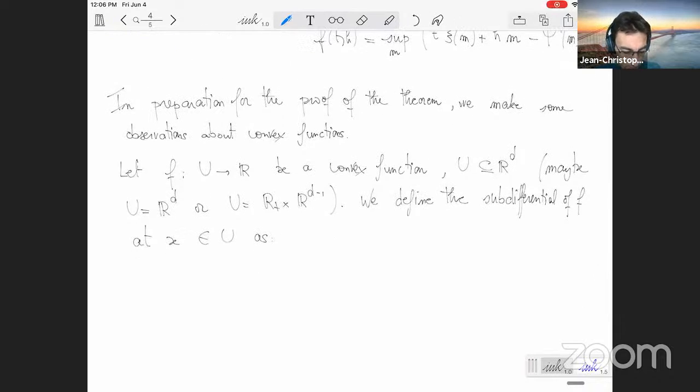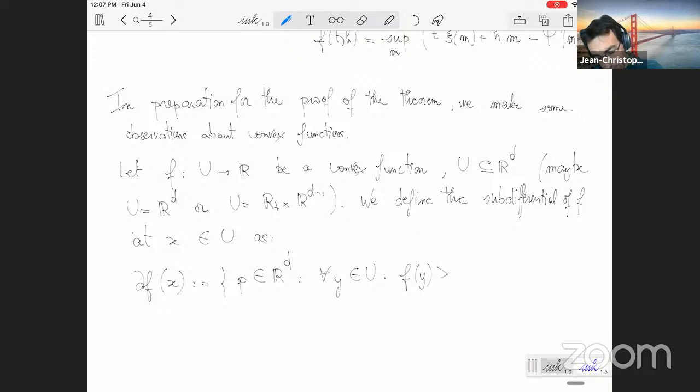So I'm going to write this partial f at x. It's the set of slopes that give us a supporting hyperplane at x. So it's the set of slopes such that if I move around in my domain, I am above the relevant hyperplane.